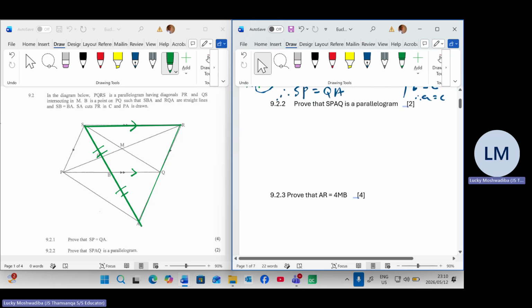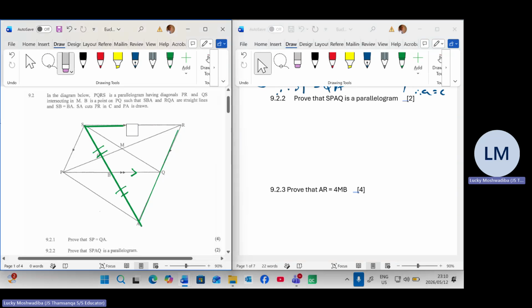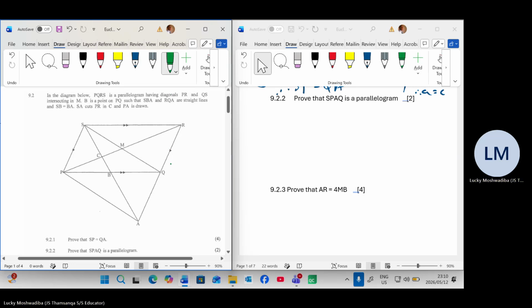Now let us move on to 9.2.2. Again, I will erase here. Try to remember what we discussed, what we talked about. Try to keep it in your mind. Now, the second part, we want to prove that SPAQ is a parallelogram.